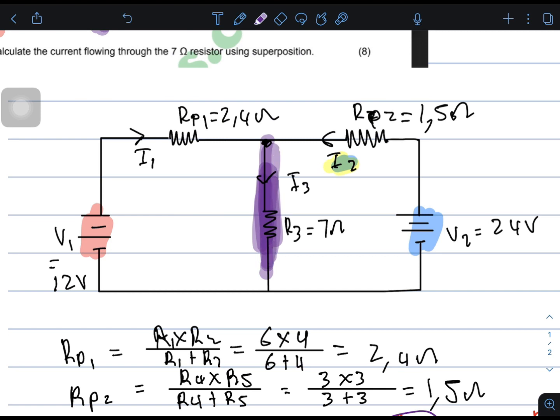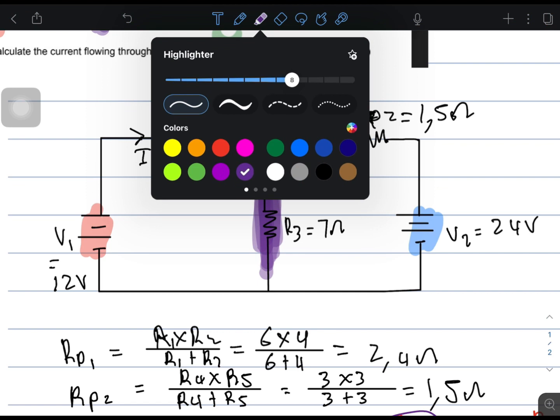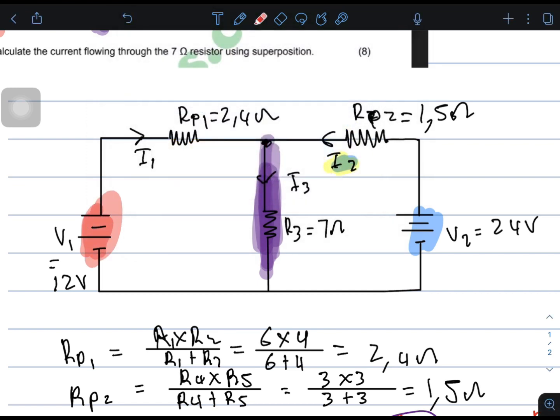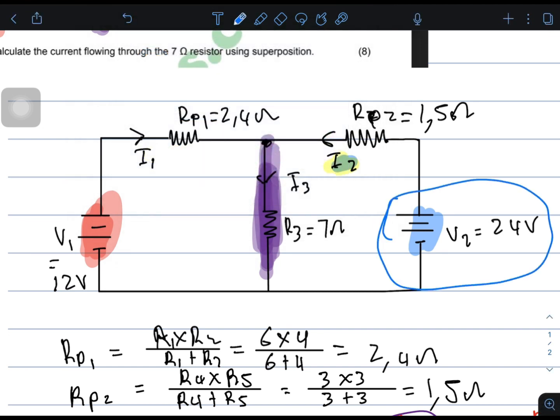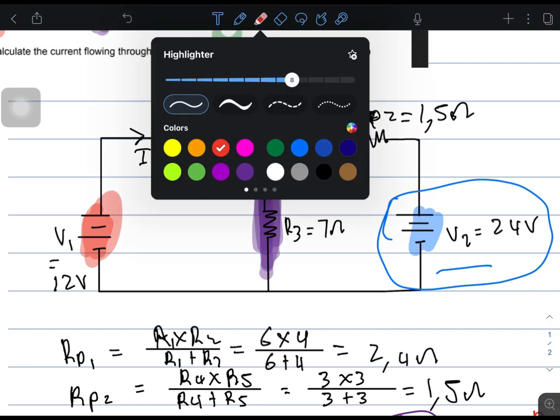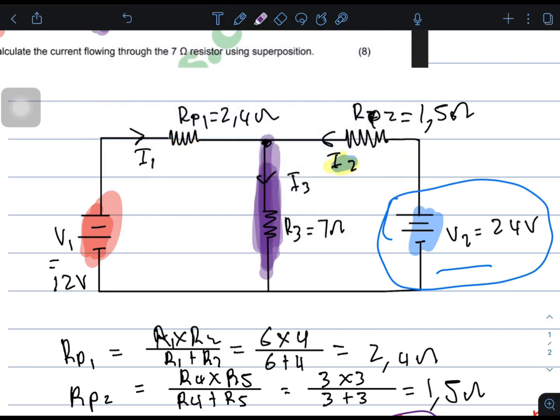That means I'm going to short circuit this one, because my focus is determining what effect this source has on this branch current. I'm always repeating this definition.